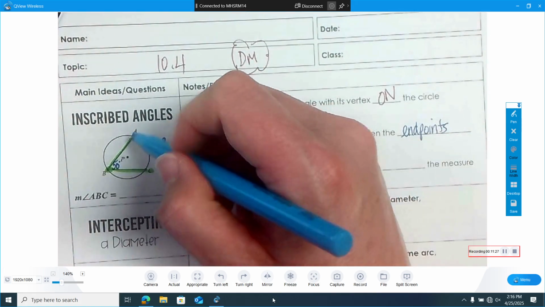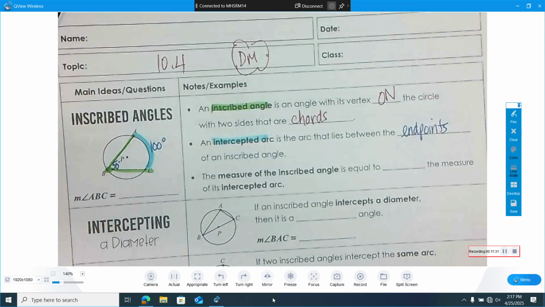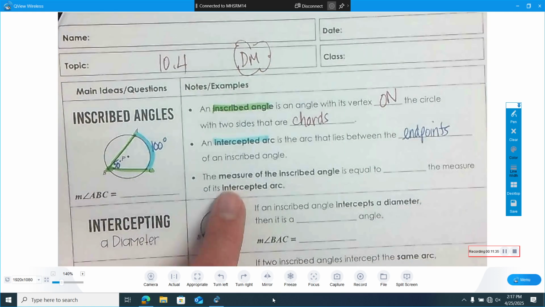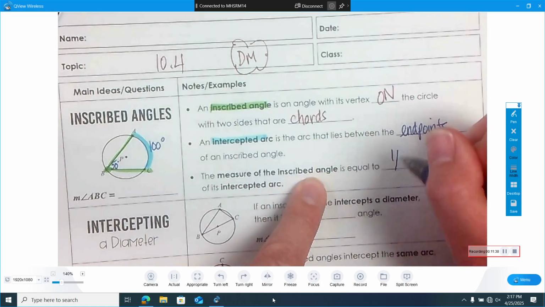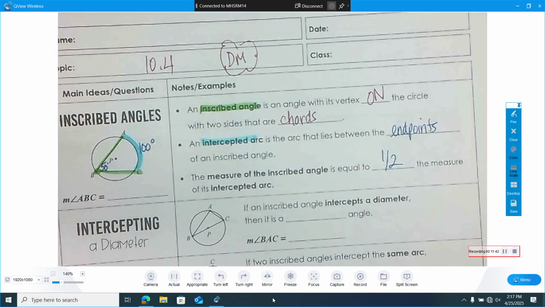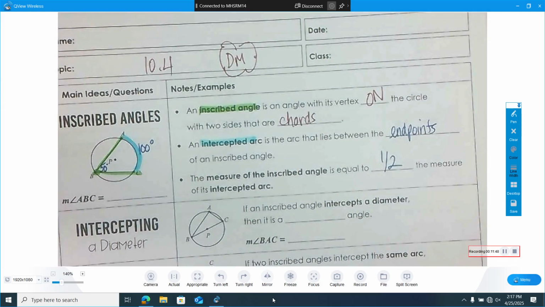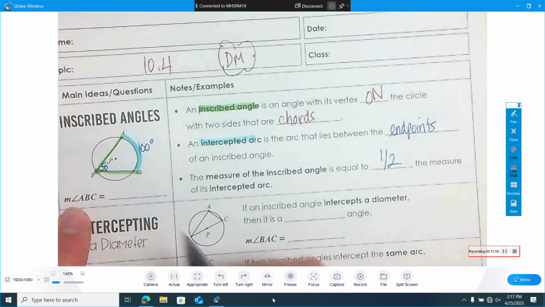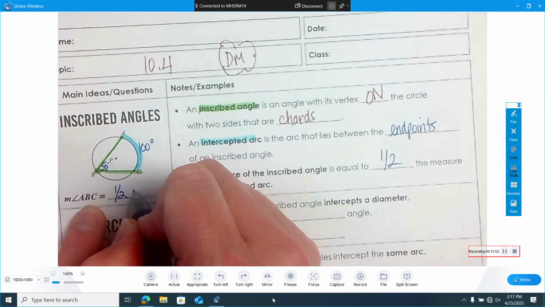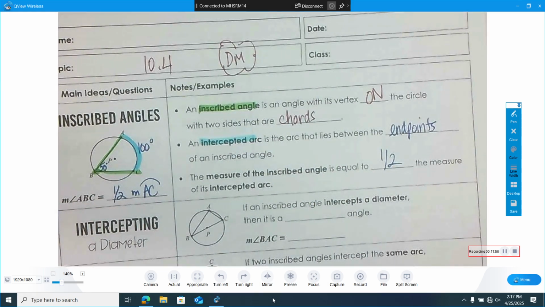So this is the intercepted arc, and it's 100 degrees. And it turns out that the measure of the inscribed angle is equal to half the measure of its intercepted arc. So the measure of angle ABC is half the measure of arc AC, which I don't find all that helpful.